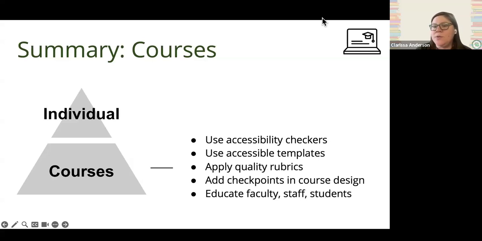Also include concepts from those quality rubrics, think about how you're going to incorporate accessibility into your course design, and educate people as well, whether that's your colleagues or students. For example, an organization that really focuses on accessibility training for students is Teach Access. Since accessibility is something everyone is involved in, it's really important to make sure that others are aware of it as well.